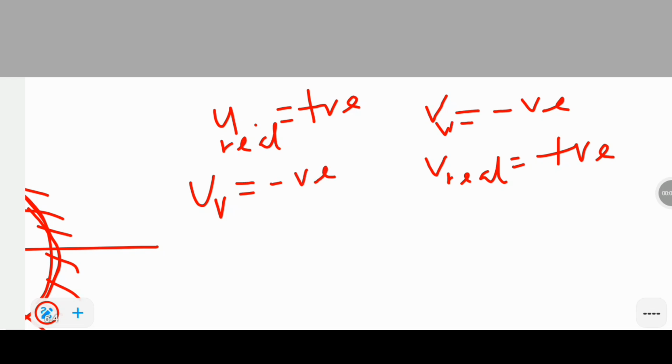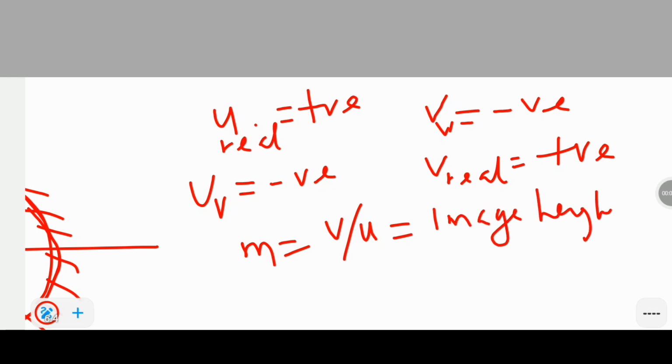And just remember that magnification, that is how big the image will be, is the same thing as V over U, image distance over object distance. Or you relate it to image height divided by the object height.